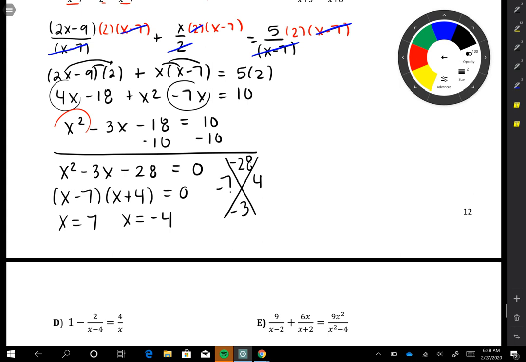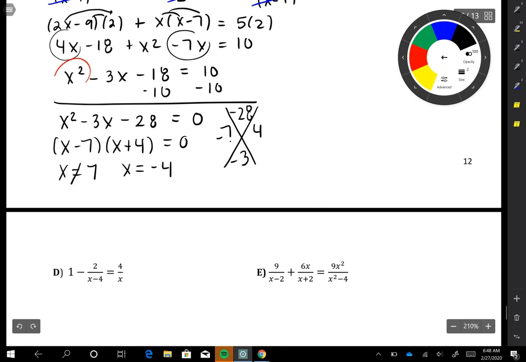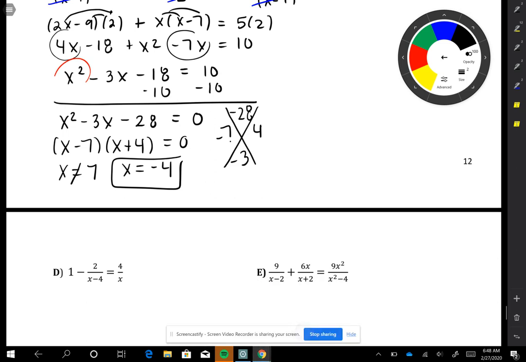But we need to check that neither of those is an excluded value from our original. Looking at the LCD, we have the factor x minus 7, which means x could not equal positive 7. So we cross off that one, and we only have one solution: x equals negative 4. Okay, guys, we'll continue this in class.